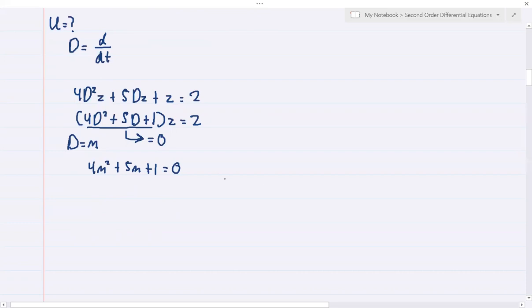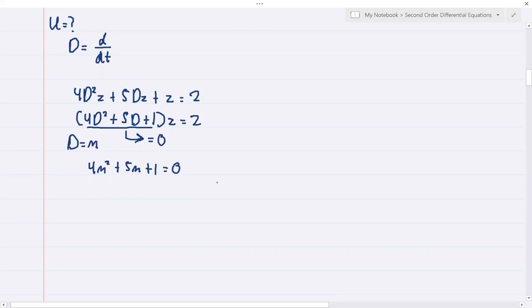I think I've already discussed the quadratic formula and what happens if your b squared is greater than, equal to, or less than 4ac, and you're going to use their general solution. I think I already discussed that.